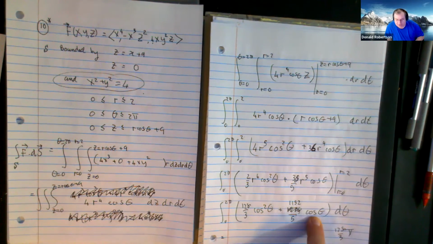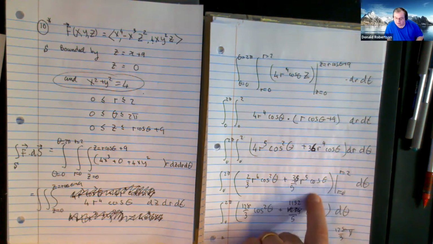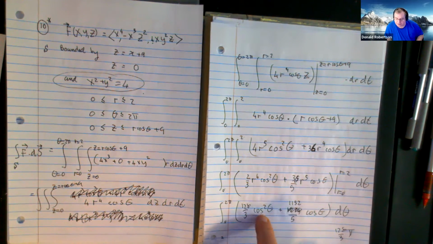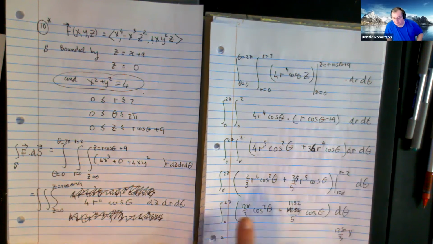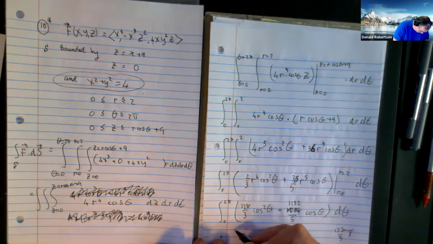That guy is just basically going to be sine theta with a really ugly fraction. What's this guy going to be? How am I going to integrate cos squared theta? Forget about the 128/3, you can worry about that later. Cos squared theta, how am I going to get that?